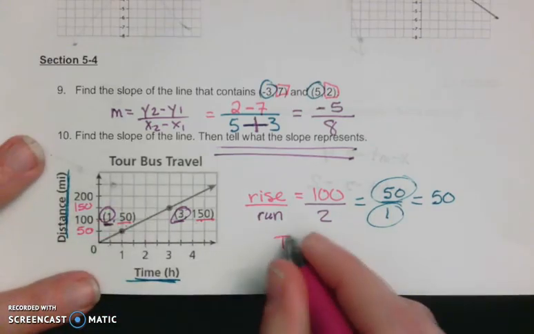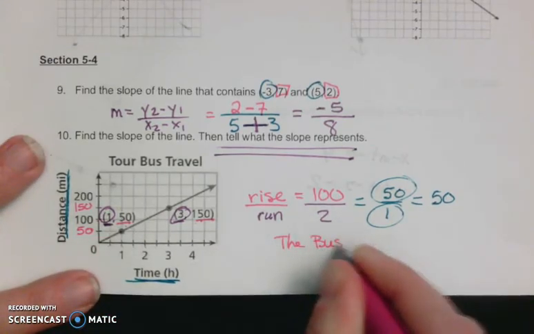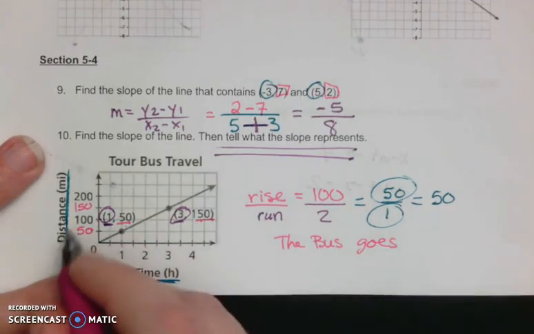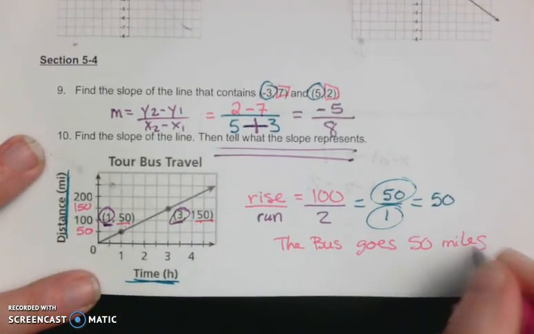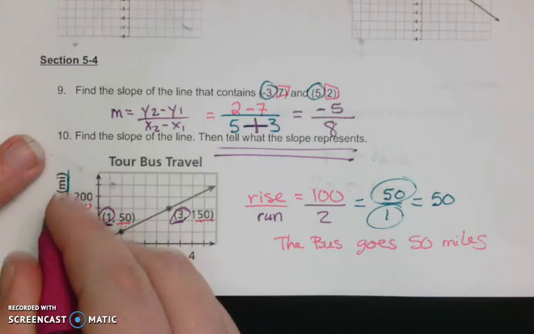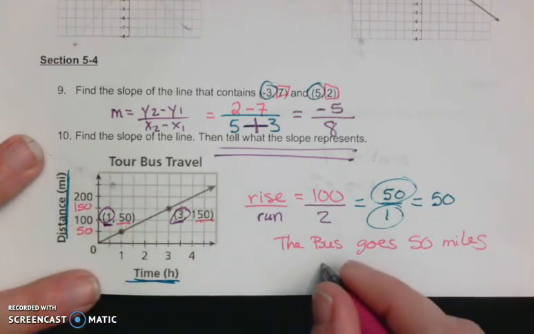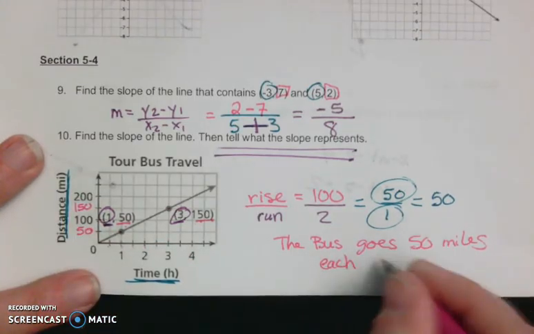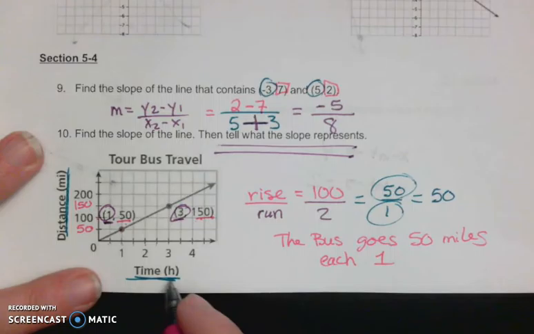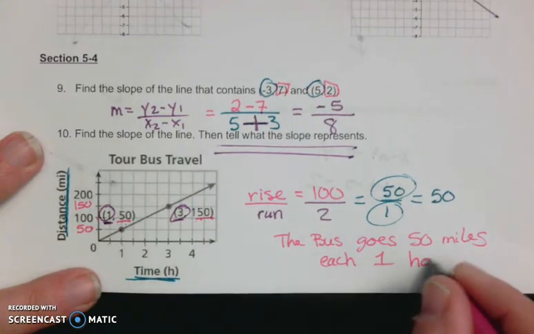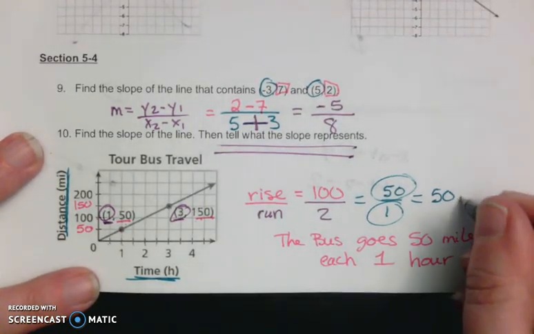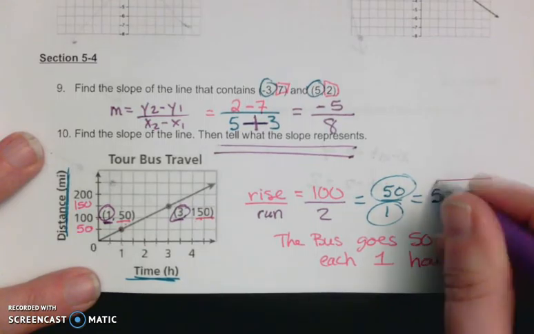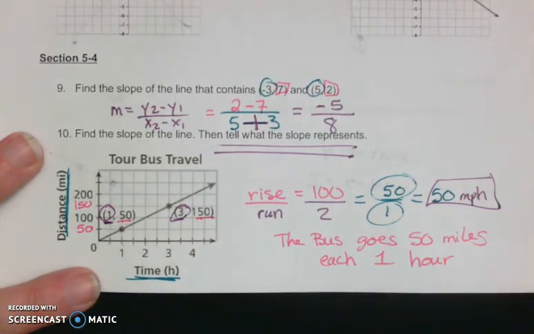So this means the bus goes a distance of 50 miles, because it says miles here, each one, and that 1 represents hour. The bus goes 50 miles each 1 hour, or you can say the bus goes 50 miles per hour as well. So be sure to explain that one.